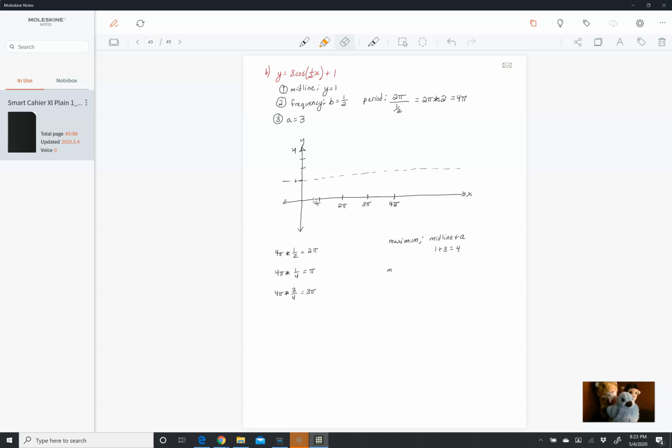Then we're going to look at our minimums. Our minimum is at the midline minus the amplitude. So our midline is 1. Our amplitude is 3. So our minimum is going to be -2.